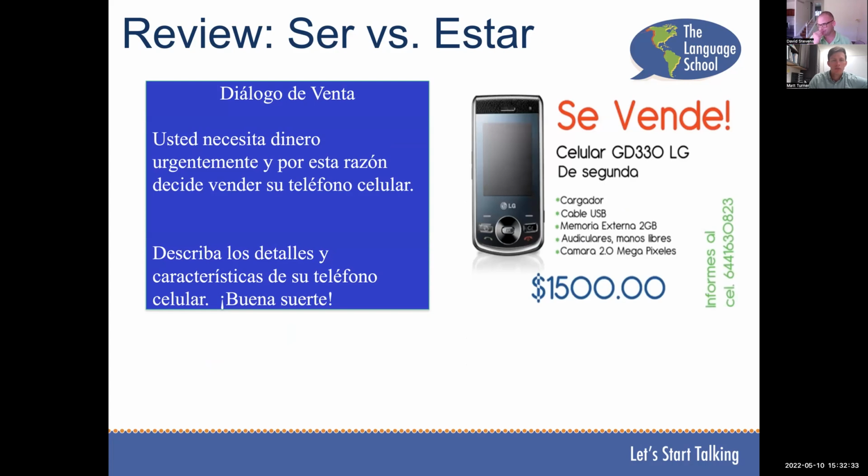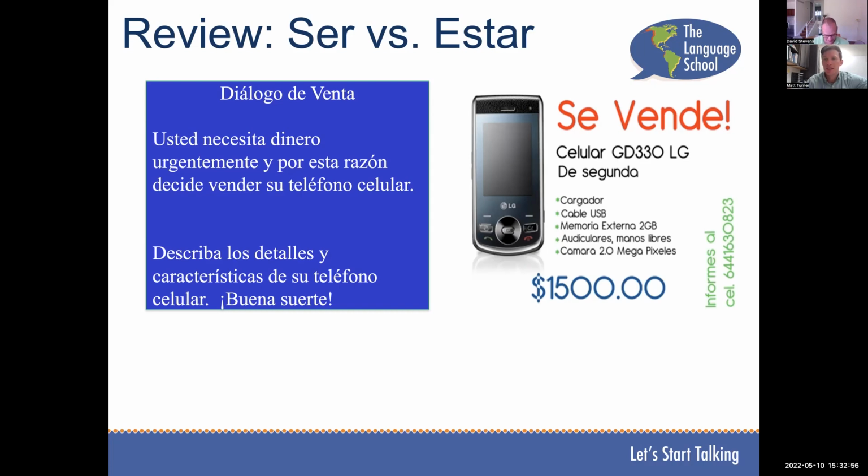So describe. Sí. Hola, quiero comprar un teléfono. Sí, necesito comprar. No, yo necesito comprar. Tú necesitas vender. Sí, usted necesita vender.